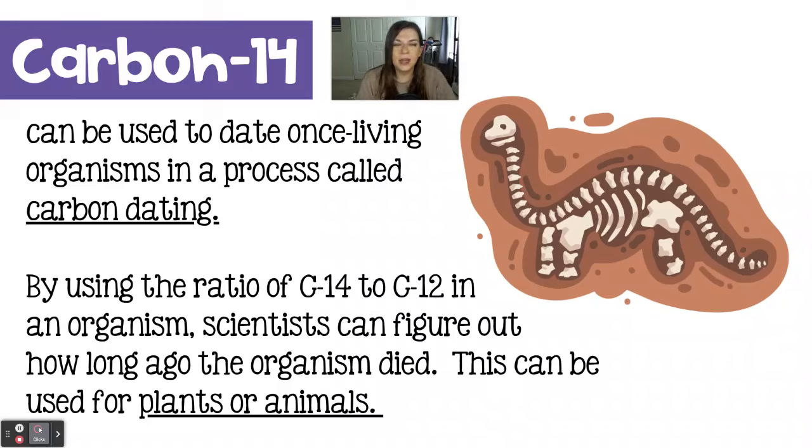So using that half-life number, or the number of years it takes for half of the sample to degrade, you can figure out how long ago this thing had its full amount of carbon-14. The half-life of carbon-14 is over 5,000 years, so it can't be used on things that died within that 5,000 years, really. It's going to be things that are a lot of thousands of years old.